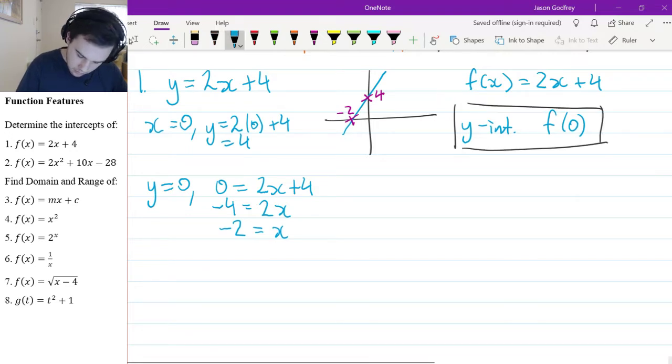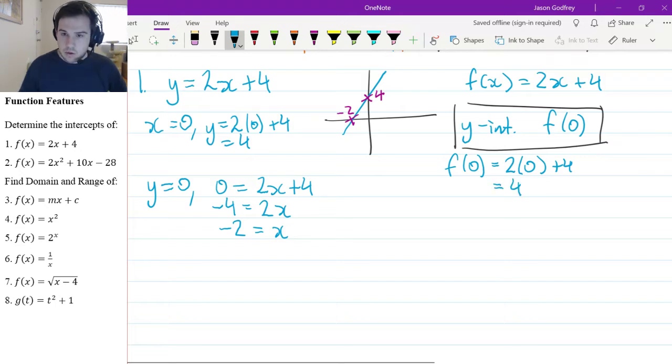So we're going to do the exact same calculation, just using function notation. Here's our function, we put 0 as our input, and when we calculate it, we get the exact same thing, 4, and so that would be the y-intercept.